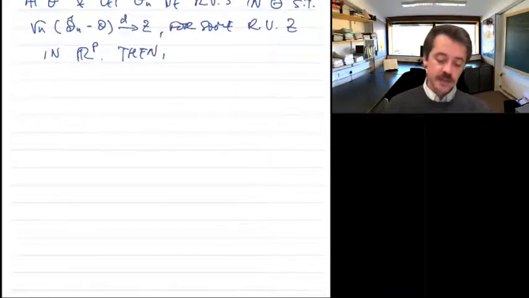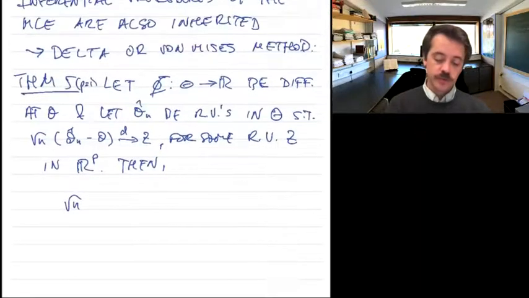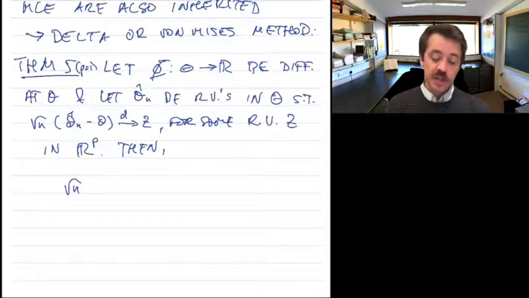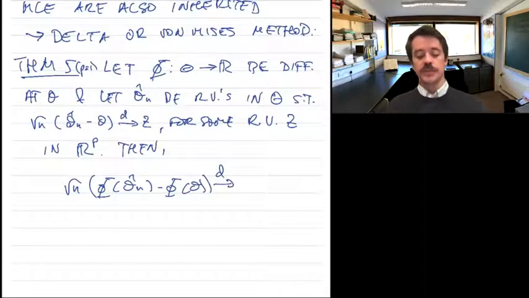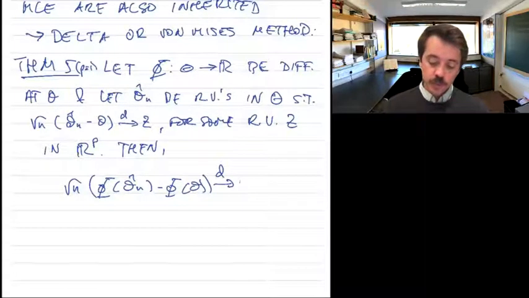We get that the square root of n times the image of the plugin estimator, not MLE, sorry, the plugin estimator, so this is more general than just the MLE, we can also say something about its limiting distribution, and we can even specify what it is.